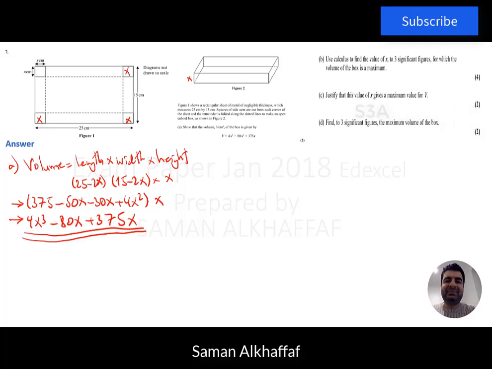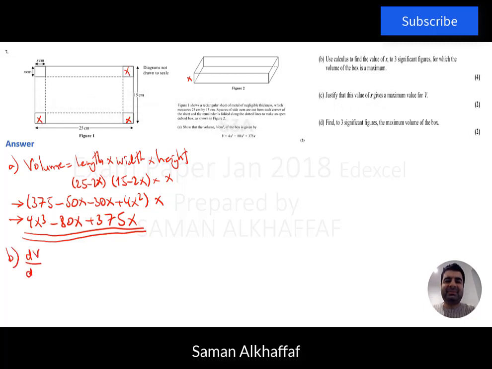Now for part B, we are asked to use calculus to find the value of x to three significant figures for which the volume of the box is a maximum. So when we found the function for the volume, now for part B we need to find dV over dx.